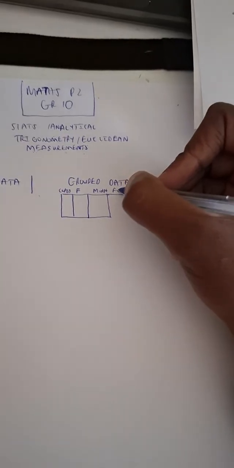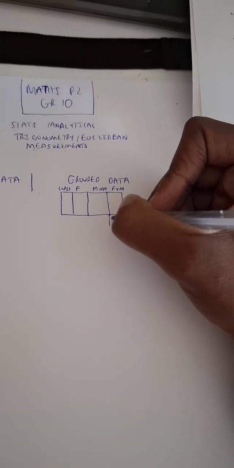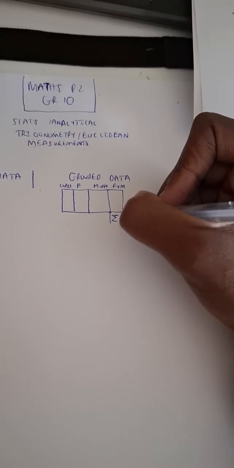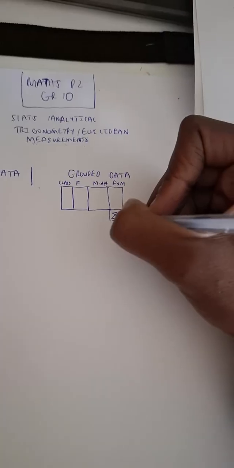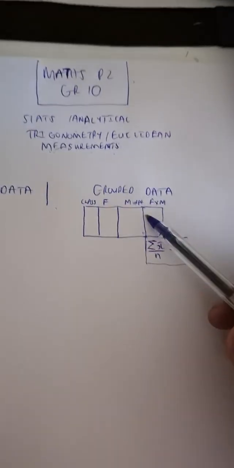Then you have the frequency times midpoint, which will assist you in calculating the mean. So that is grouped data.